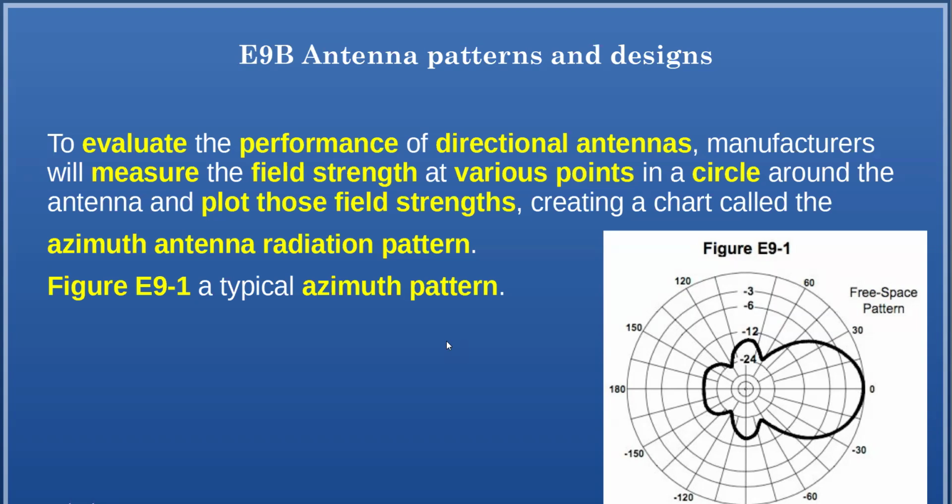One of the ways that they show the performance of an antenna is with a field strength plot, and there's really two kinds: azimuth and elevation. We're showing an azimuth plot, which is basically looking down onto the antenna and the pattern that it has. So this is some form of beam antenna. You can see all the power is in this one lobe in that direction.